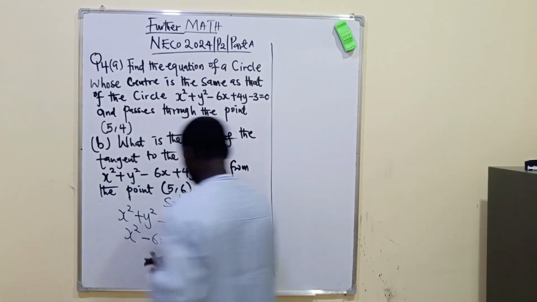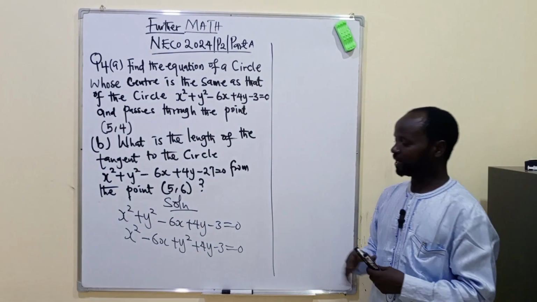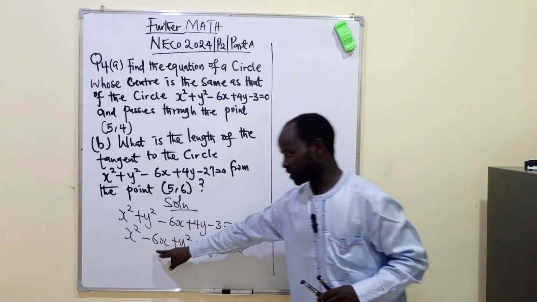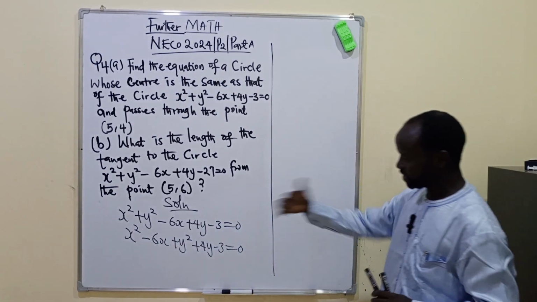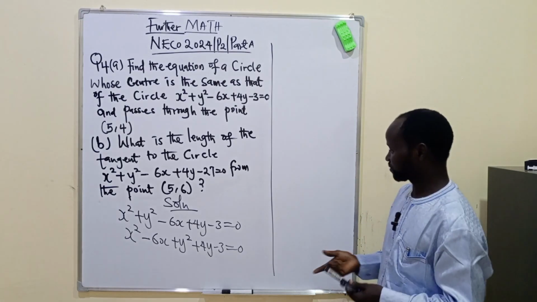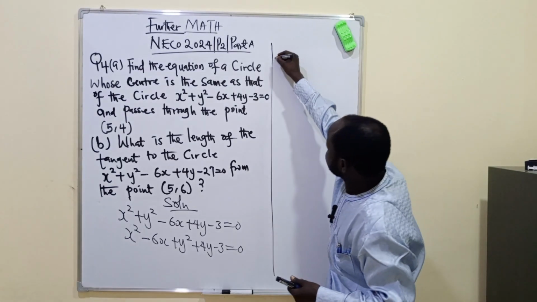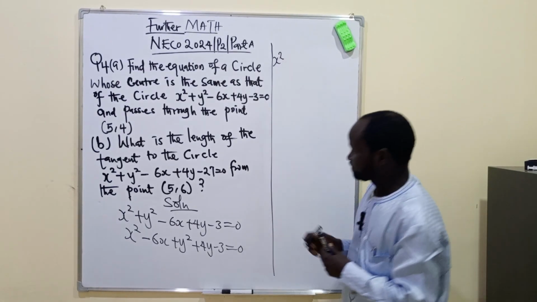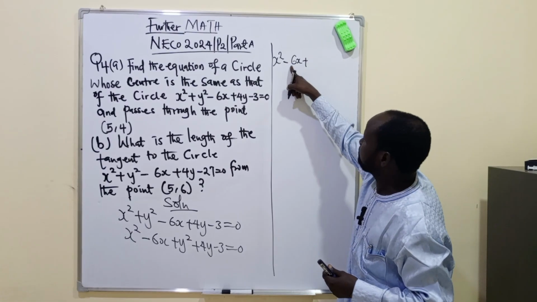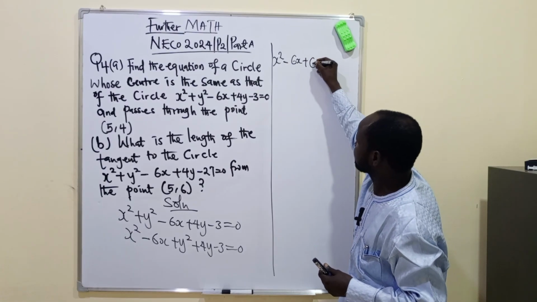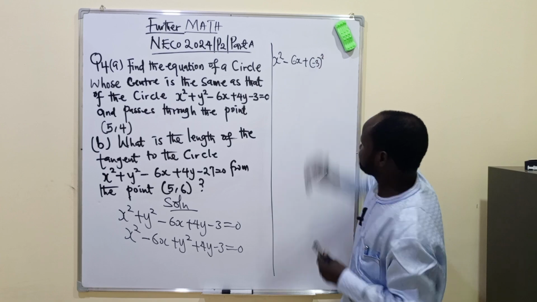From here we have to apply knowledge of the completing the square method. We have to find half the coefficient of x, square it, and add it to both sides. What does that mean? It means we'll have x squared minus 6x plus half of minus 6, which is minus 3, and we square it.